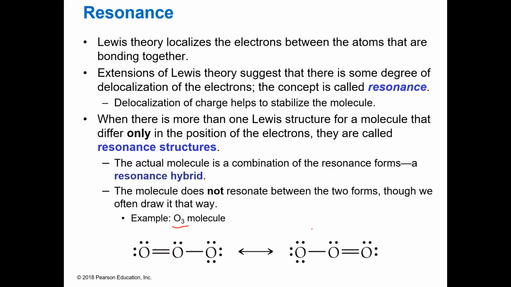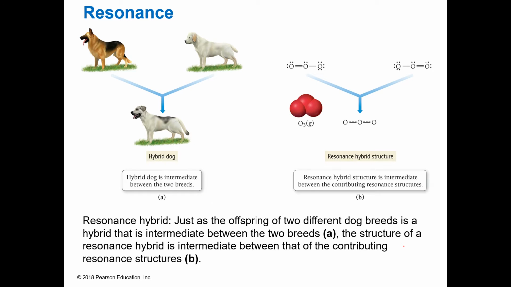But what we say is there's actually a combination of both, and we call that a resonance hybrid. To give you an example of that, you guys have all seen hybrid dogs like the Labradoodle, but here, if I were to take two purebred dogs that are different breeds and I breed them together, I get a hybrid dog. So it's a combination of both.